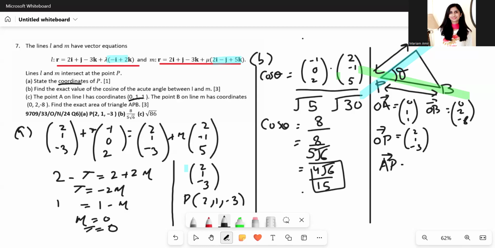AP would be OP minus OA. So that's a 2, and then that's a 0, and that's a negative 4. And let's find its magnitude. Magnitude is going to be square root of 2 squared plus 0 squared plus 4 squared. That's root 20.